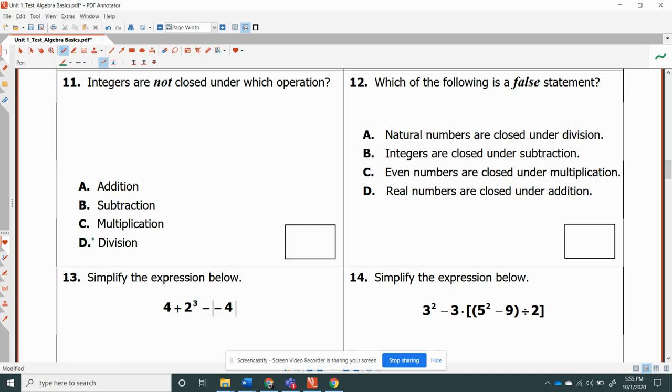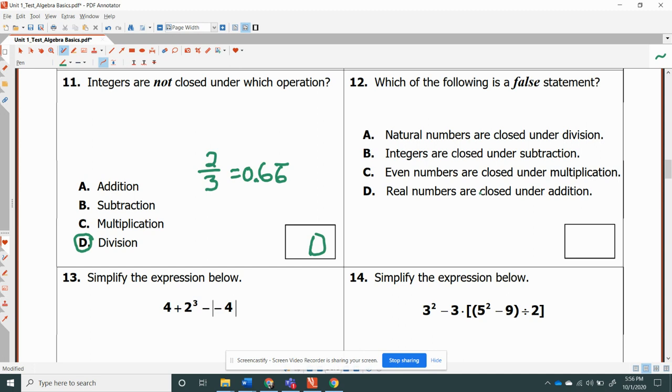But when you divide an integer by an integer, for example, if you divide 2 by 3, you are not going to have an integer, right? You're going to have 0.66, a repeating decimal. So the only operation in which integers are not closed, where they can produce something other than an integer, is division.